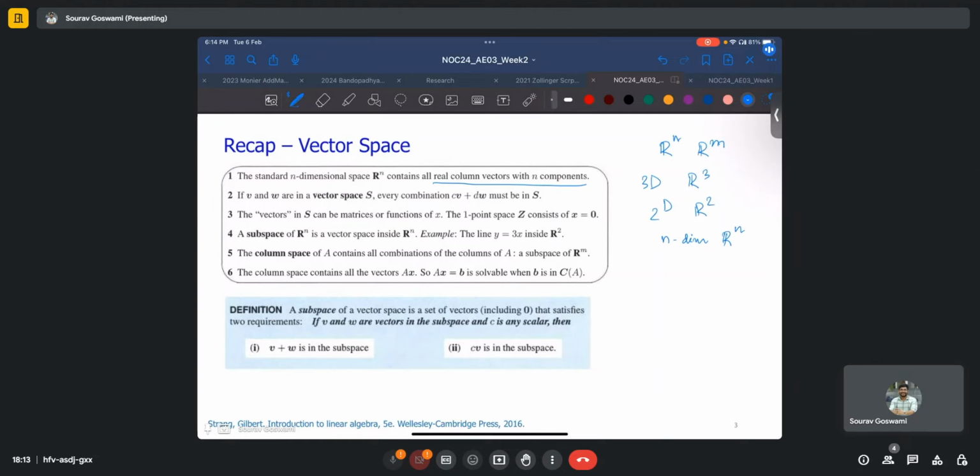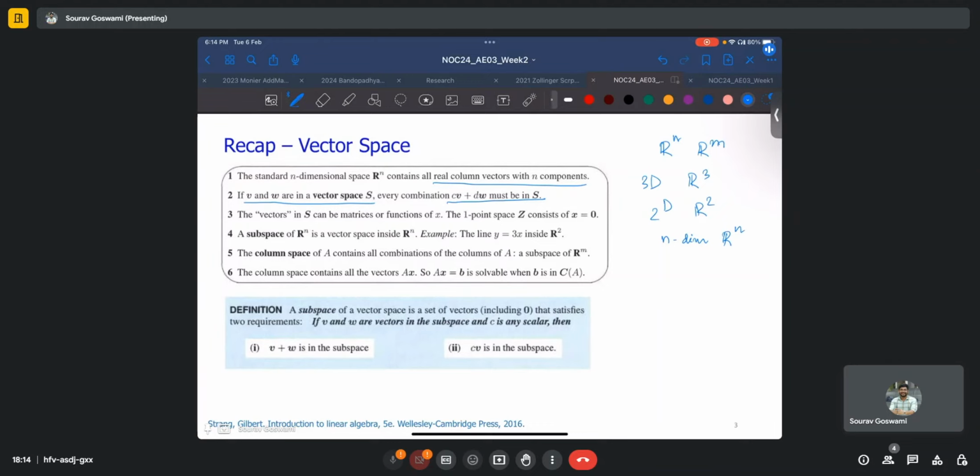Again, some important properties of the vector spaces: if V and W are in the vector space, that is, if there are two elements of the vector space set, then every combination CV plus DW must again be in S. This is a definition which qualifies any space S to be a vector space in the very first place.